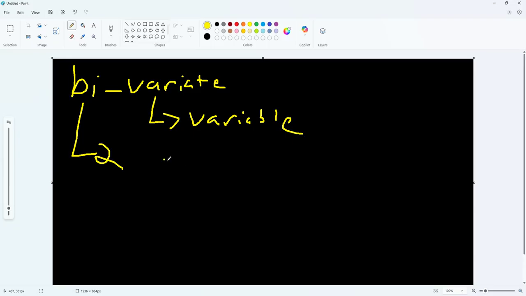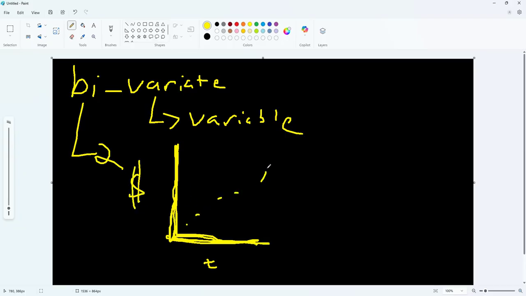This is good to describe how one thing changes with another, or how one variable affects another variable, similar to what algebra is all about. So maybe you have time down here and dollars over here. You can plot the amount of money you made at certain times. That's bivariate data.